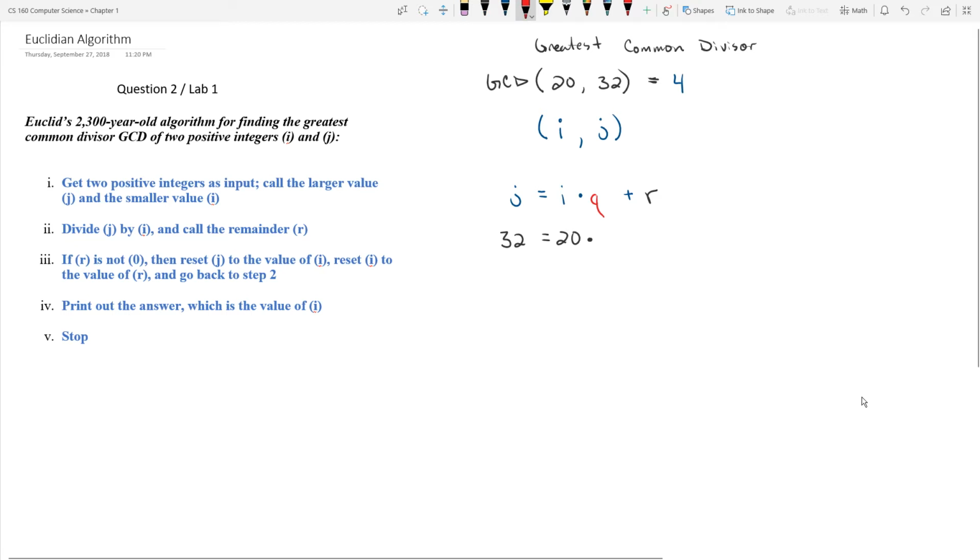And we are saying that q is equal to j divided by I. So essentially we're going to divide j by I. That's what it represents: how many times I will go into the variable j.